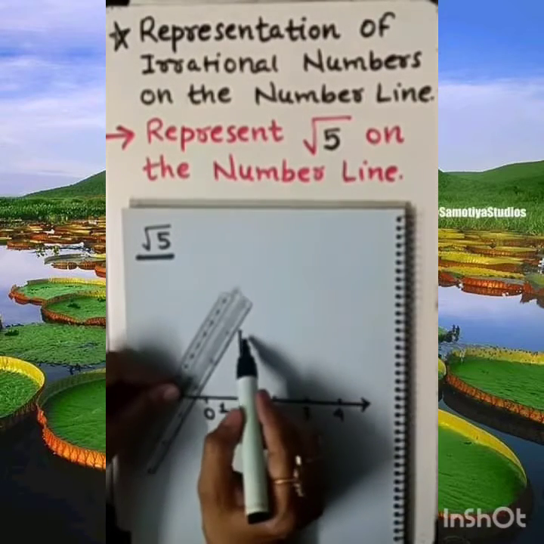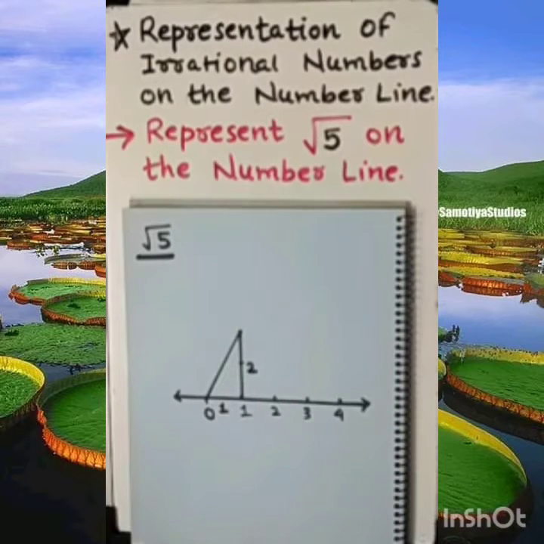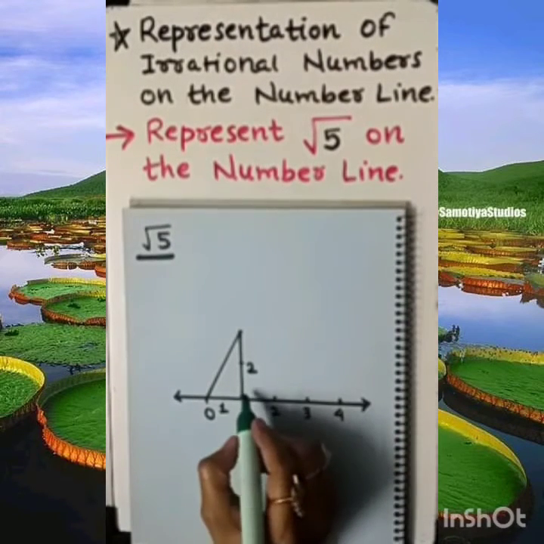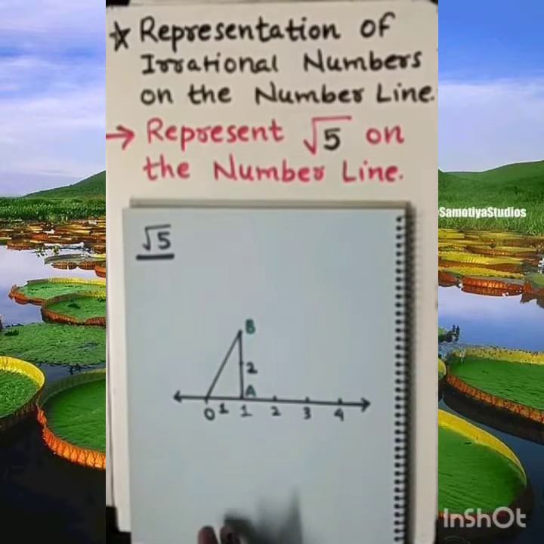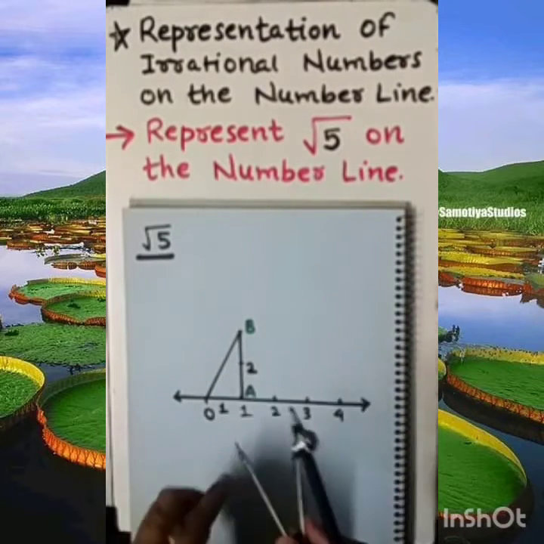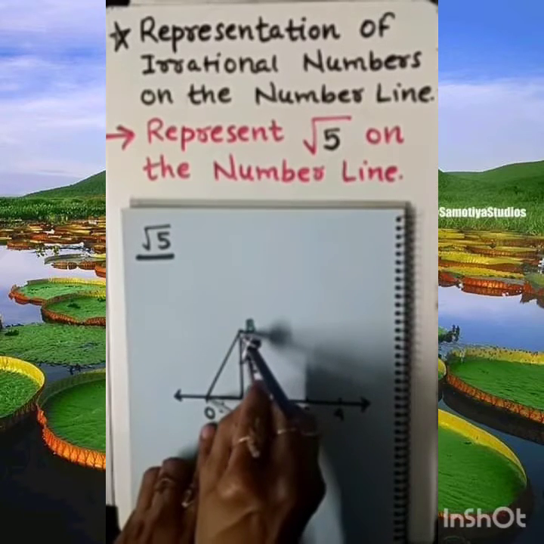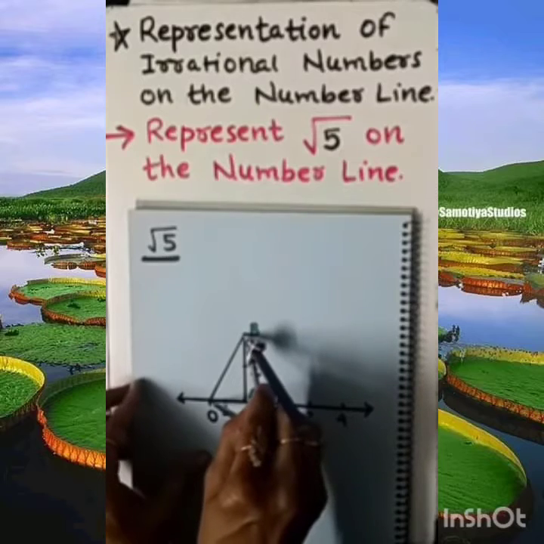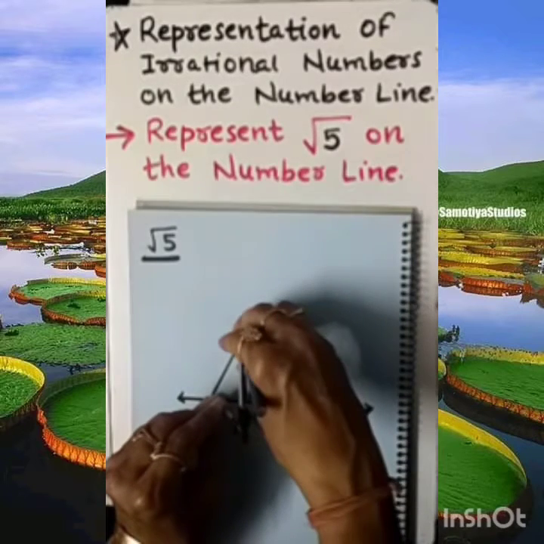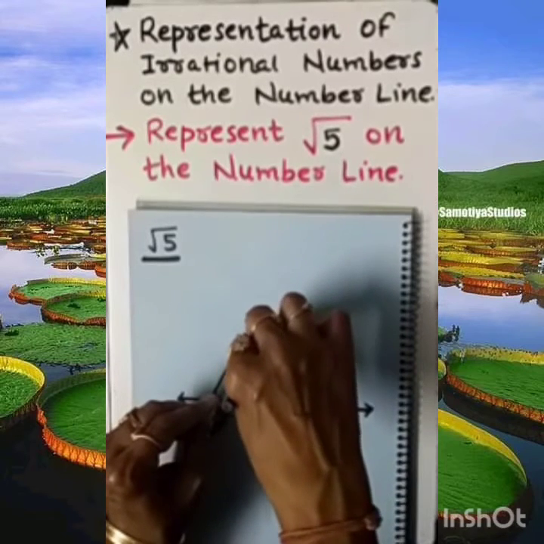And now I am joining from here to here. Let me give the naming. So it will be O, origin. This is A point I am considering. This is B point. After that I am choosing O as origin, and up to OB I am measuring O to B. Take the radius OB, and now I am going to draw one arc.